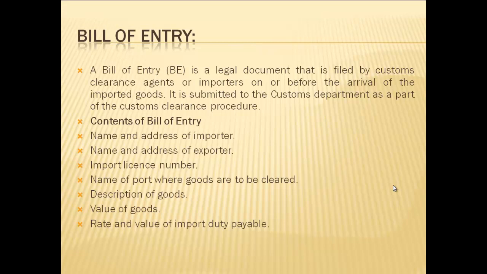It is submitted to the customs department as a part of the customs clearance procedure. Contents of bill of entry are name and address of importer, name and address of exporter, import license number, name of port where goods are to be cleared, description of goods, value of goods, rate and value of import duty payable.